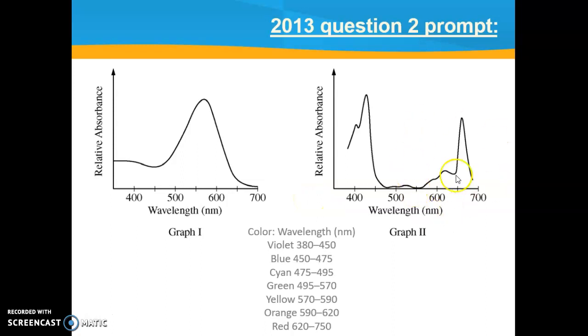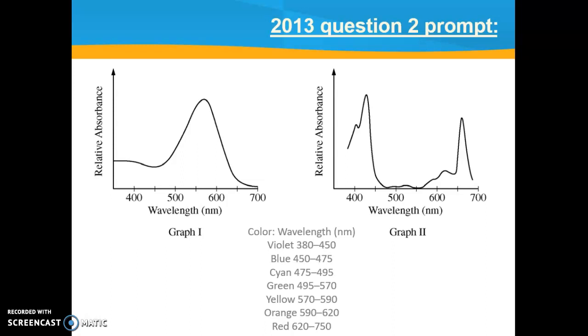For graph number 2, we see that somewhere the violet or bluish light is being absorbed, and we also see the other end of the spectrum, so probably the orangish and maybe some yellow being absorbed there. Based on this data, this question wants you to decide which one is chlorophyll and which one is bacteriorhodopsin.